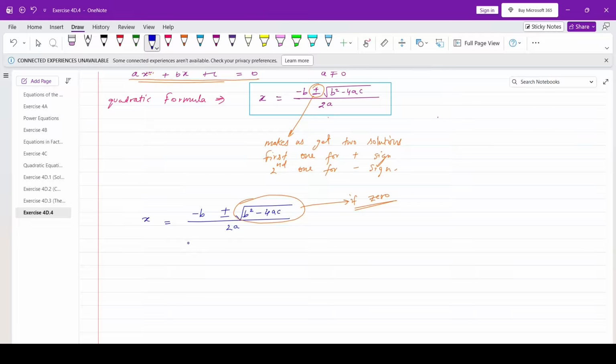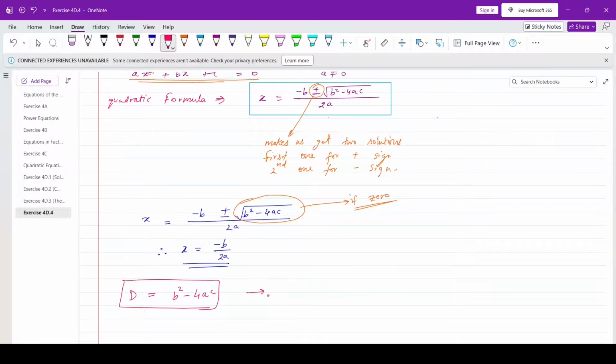No, we won't have two solutions. In that case, x will have only one value, that will be negative b divided by 2a. So whether we'll have two solutions or one solution depends on this term. So for simplicity, let's say that b square minus 4ac is equal to d. Let's call it d.